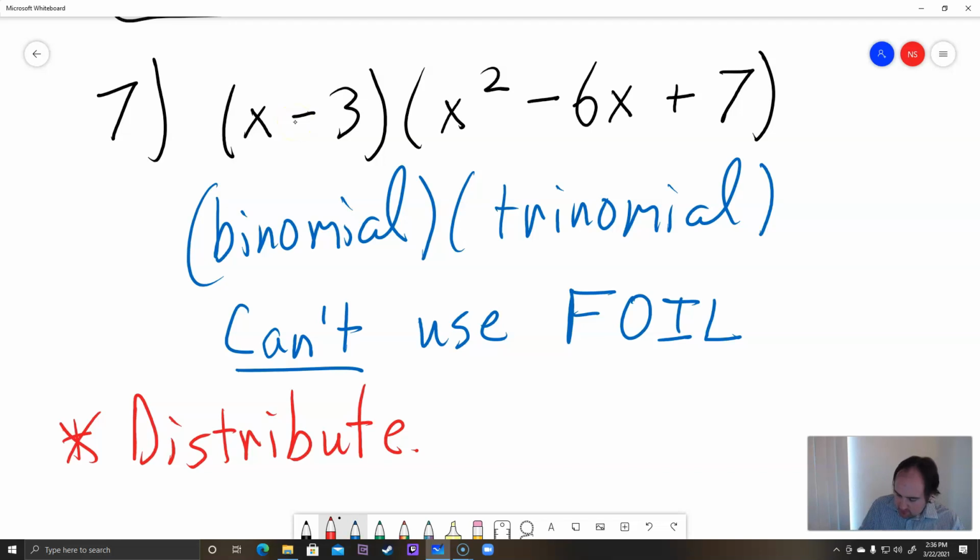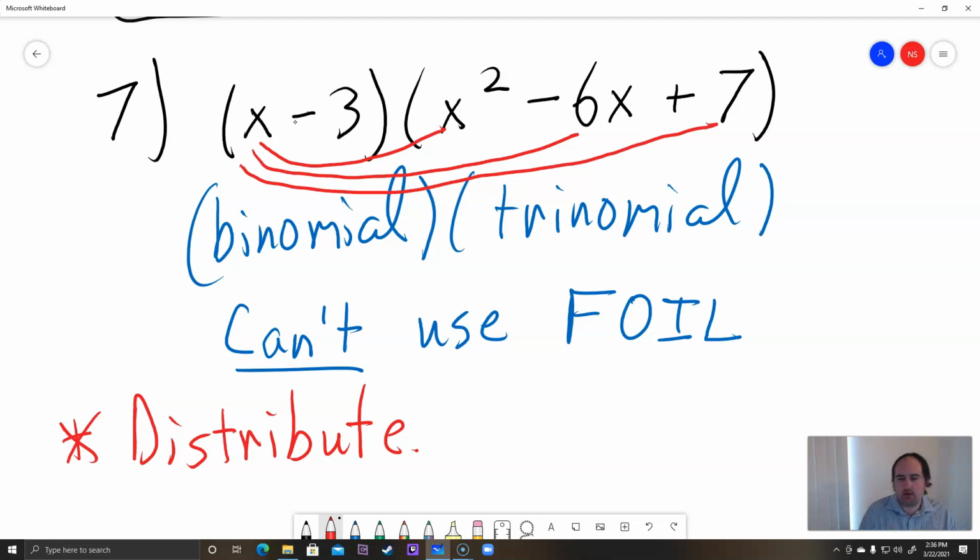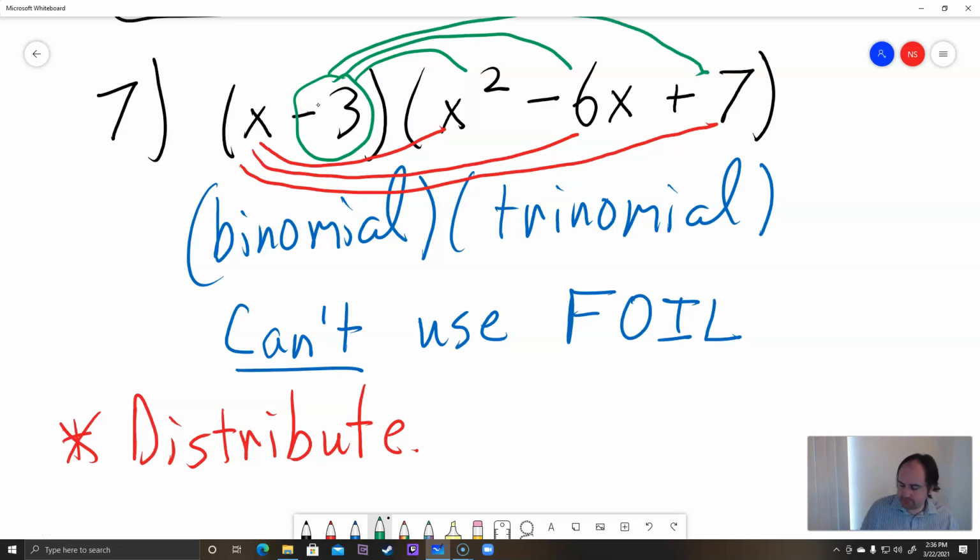So we've got the x, so we have to distribute the x to every single term in the second polynomial, but we also have to distribute the negative 3 to every single term in the second polynomial.